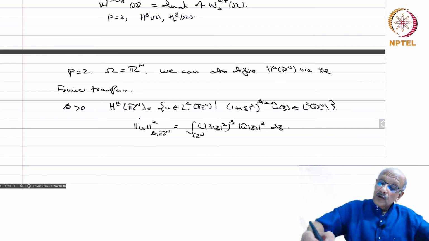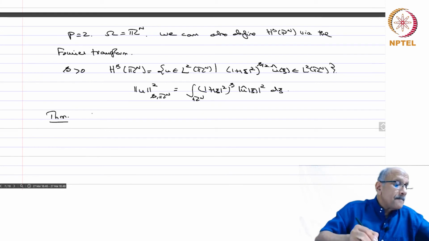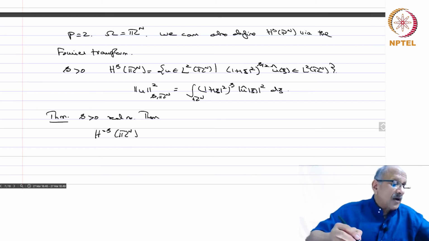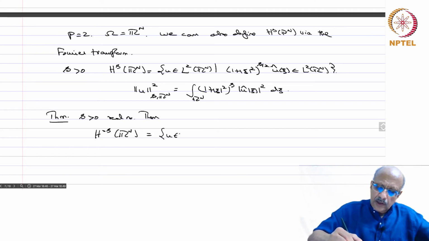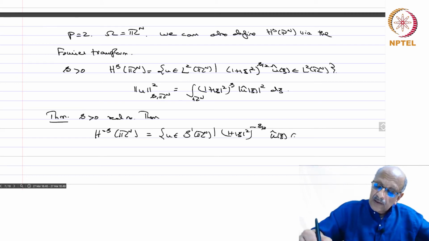So now we show that this works for negative indices as well. Theorem: s greater than 0 a real number, then H^{-s}(R^n) equals the set of all u now in the tempered distributions of R^n such that (1 + |ξ|^2)^{-s/2} û(ξ) is in L^2(R^n).